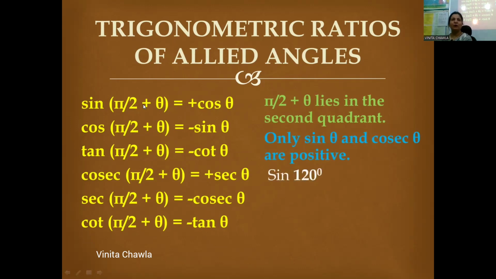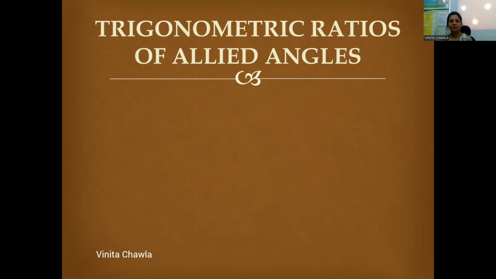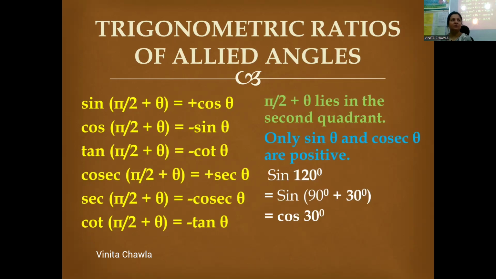If we have sine 120 degree, we can write sine 120 degree as 90 plus 30 degree. Sine 90 plus 30 is cos 30 degree. And the value of cos 30 degree is root 3 by 2.